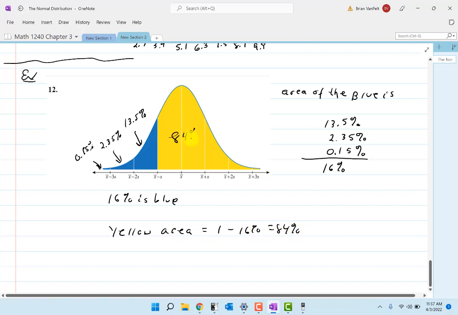So this yellow area out here is 84%. And so you'll be able to answer questions like that. Notice that I did not label individually these things because by knowing this chunk out here, since it goes all the way out to infinity, I know that the whole thing is 100%, so I just subtracted this amount from 100%.